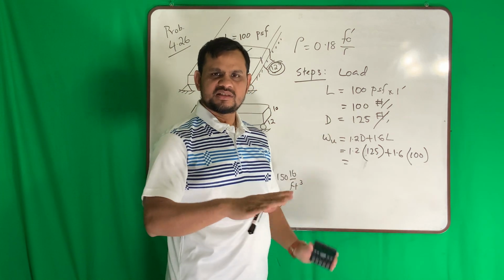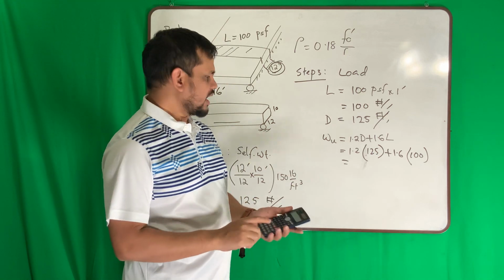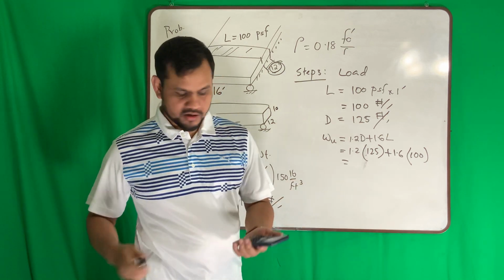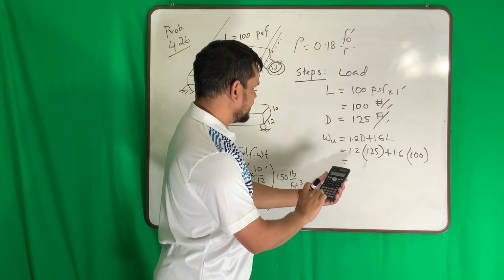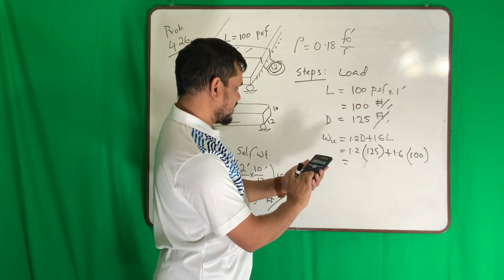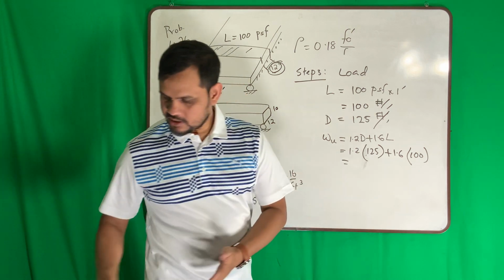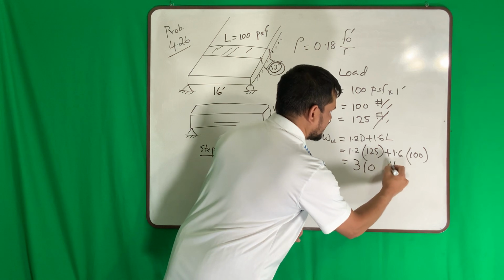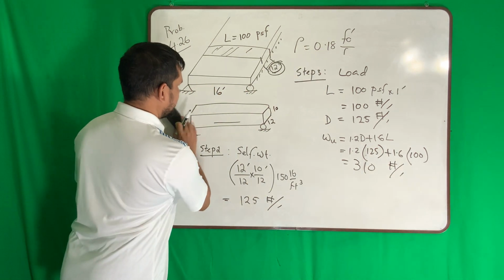The procedure is the same, just your assumption or consideration differs. I'm just showing the procedure. There is no unique solution of designing. Okay, so I'll go 1.2 times 125, plus 1.6 times 100. I got 310. I'm doing good, very quickly. Okay, so step number 3 is done.